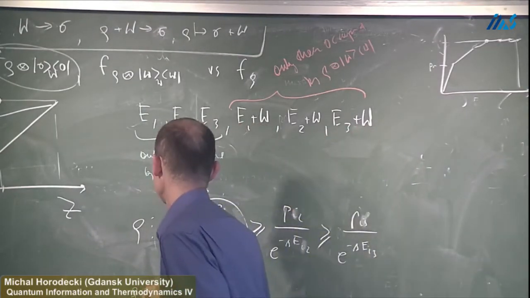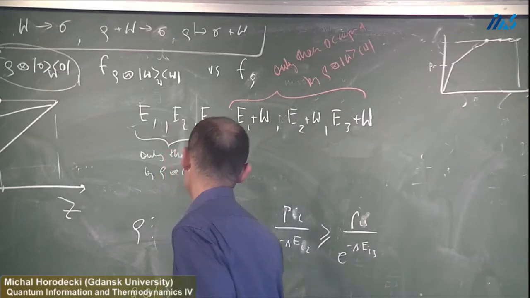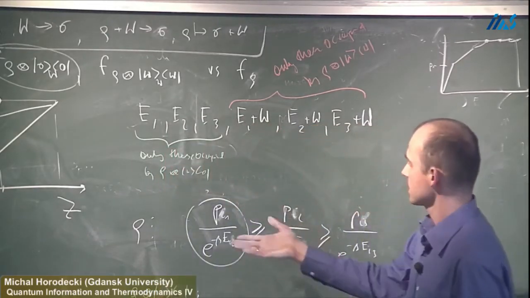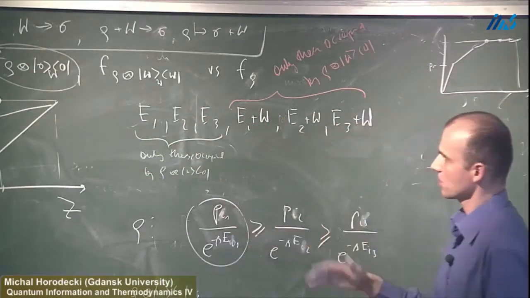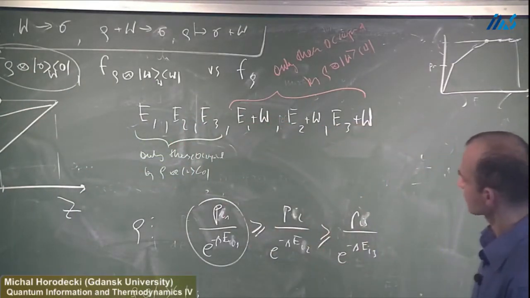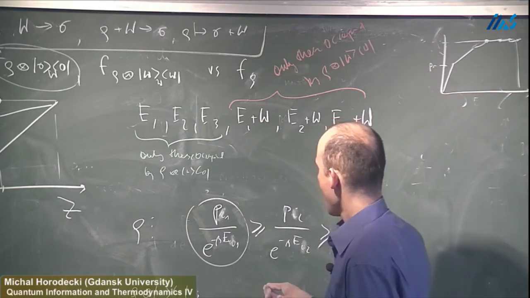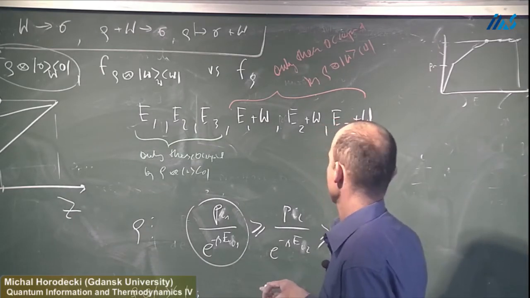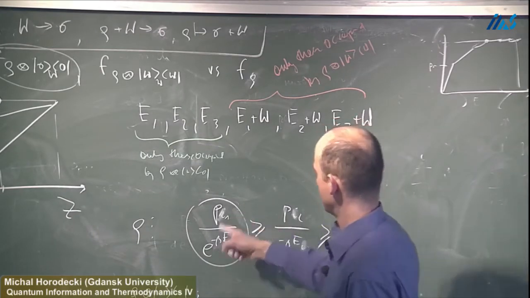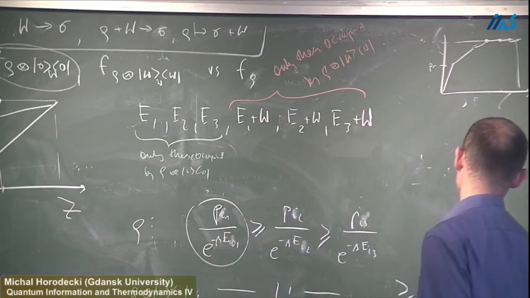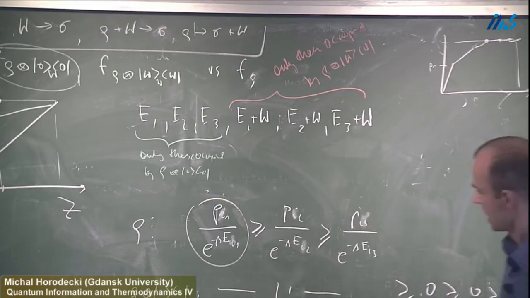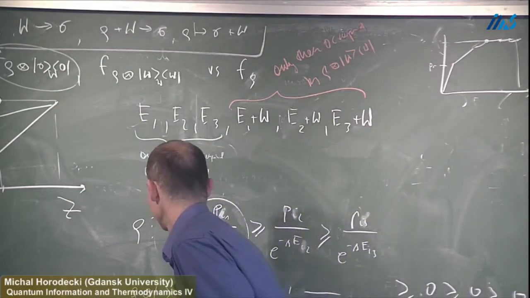But then for rho times 0, the probabilities of this state are the same. That is, there are 3 non-zero probabilities. All others are 0. And you divide them by the same thing. So you have the same situation, and maybe 0, 0, 0, which is not interesting. And then you consider this.